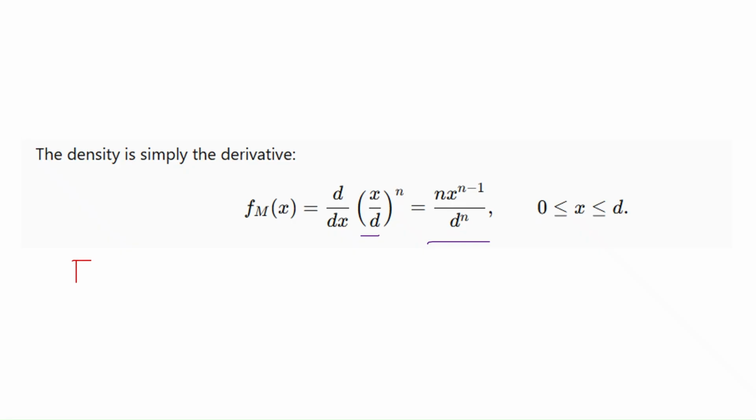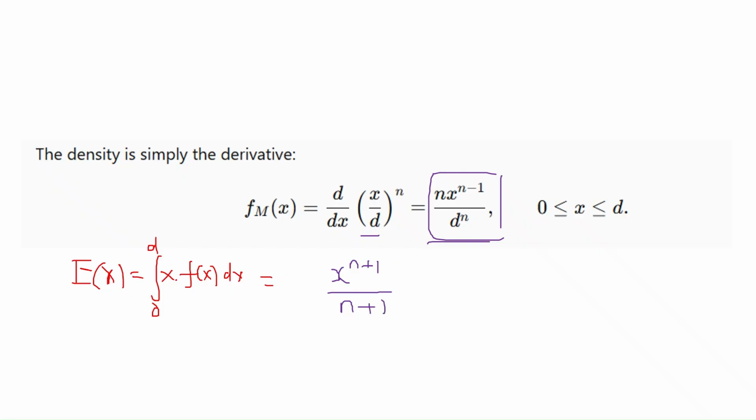Now we can easily calculate the expected value. It is x times f of x dx integrated from 0 to d. So f of x we have over here. We multiply this with x. So this would become x to the power n. And then x to the power n integrated would become x to the power n plus 1 over n plus 1. And the limits would be 0 to d.